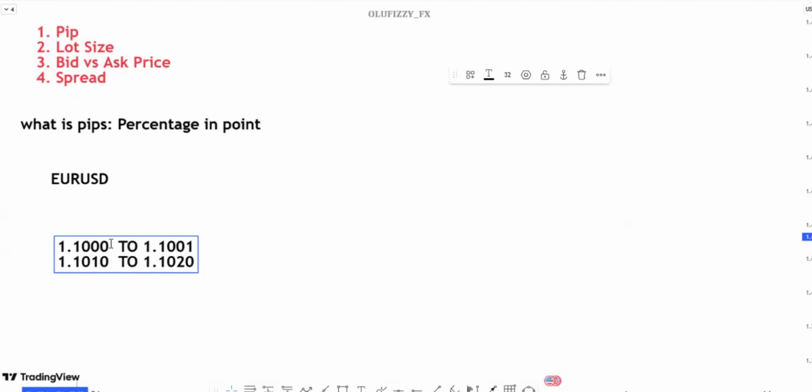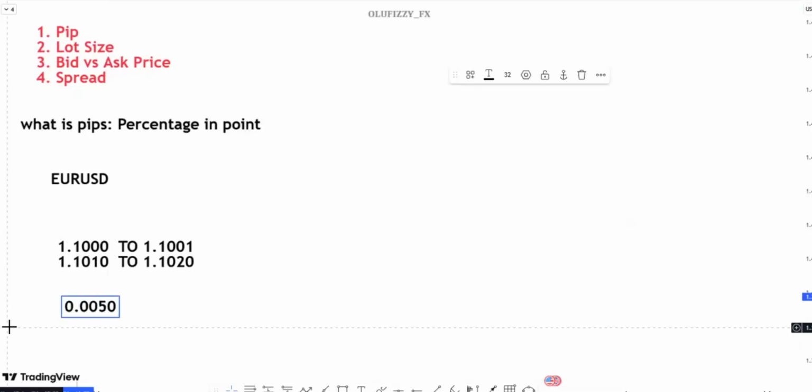If you do the calculation, you can just do plus and minus. Let's say you want to add 50 pips to this number. The simplest way, if you want to use a calculator, is to put 0.0050.